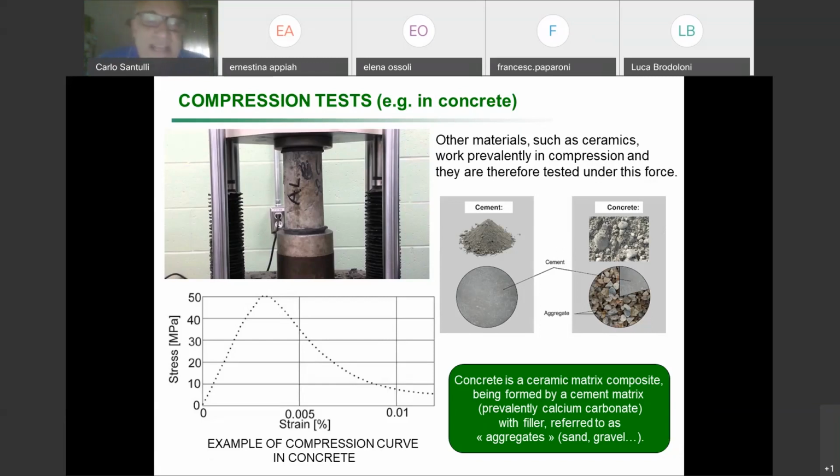Then you have this kind of cylinder or cube. You may have also a tube. And what you do, basically, you apply a compression force, you squeeze it. At a certain point, it reaches the elastic limit. Then you measure the Young's modulus.